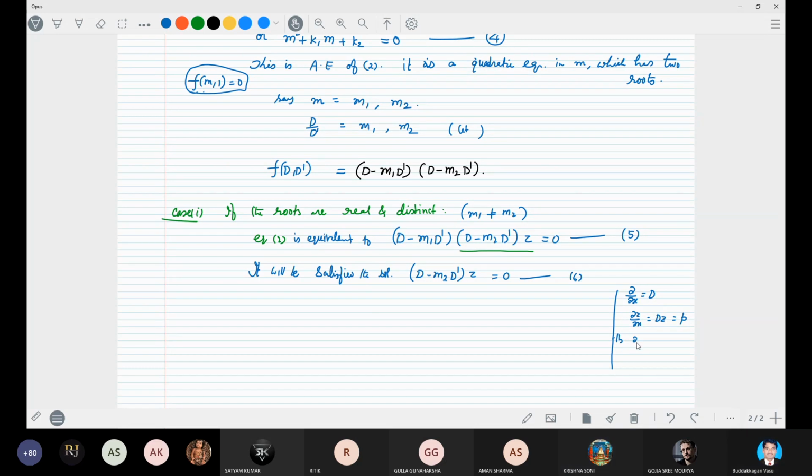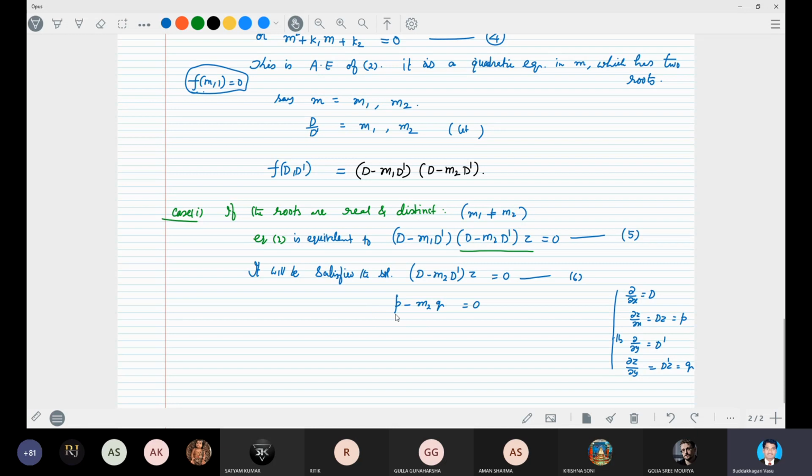Similarly, ∂/∂y is equal to D'. Therefore ∂z/∂y is equal to D' z, that is equal to q, right? So these can be used. Hence it gives you the form p − m2 q = 0, right?